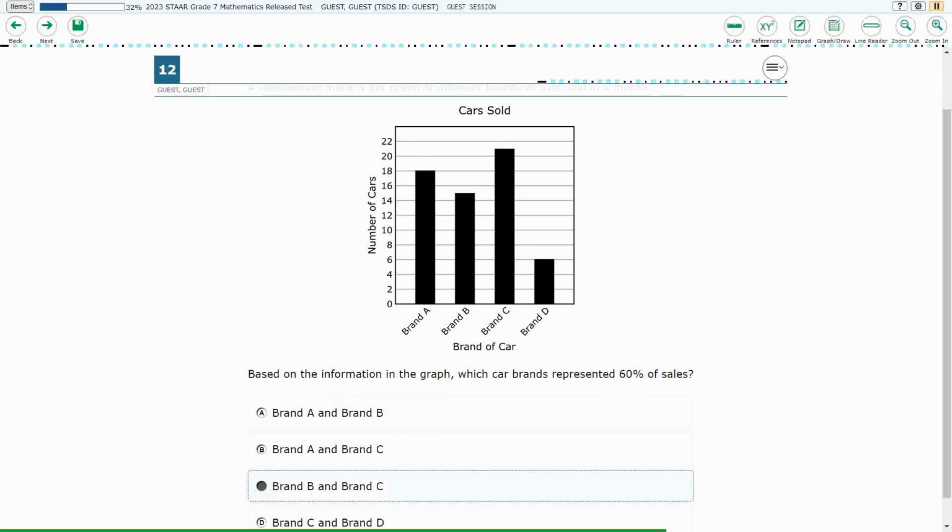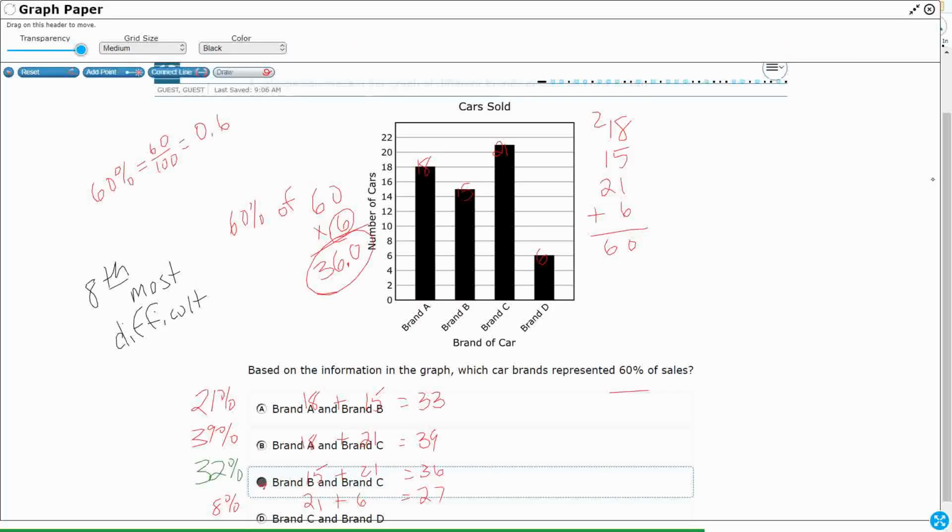And let's see how we did across the state of Texas. So this was tied for the 8th most difficult, and I kept all the calculations up here to show you that you see B was actually chosen more than the correct answer of C. But if we really got down to the 60% of 60 looking for 36, I really don't think that if students knew they were looking for 36, they were going to miscalculate 18 and 21, because 18 and 21 obviously don't make 36. If they made it this far, I think it became very simple.